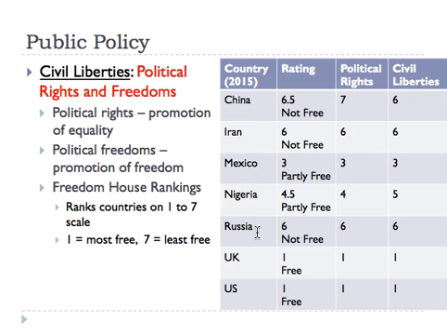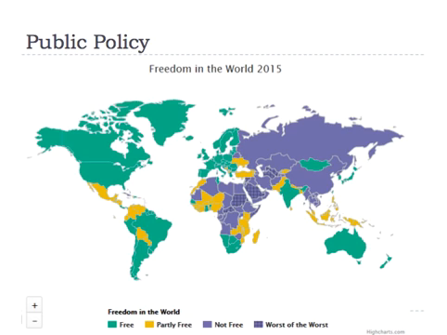Russia has a 6 for their overall rating. China 6.5 as well. Iran 6. Mexico's right in the middle. Looking at the countries: free, partly free, not free, worst of the worst.